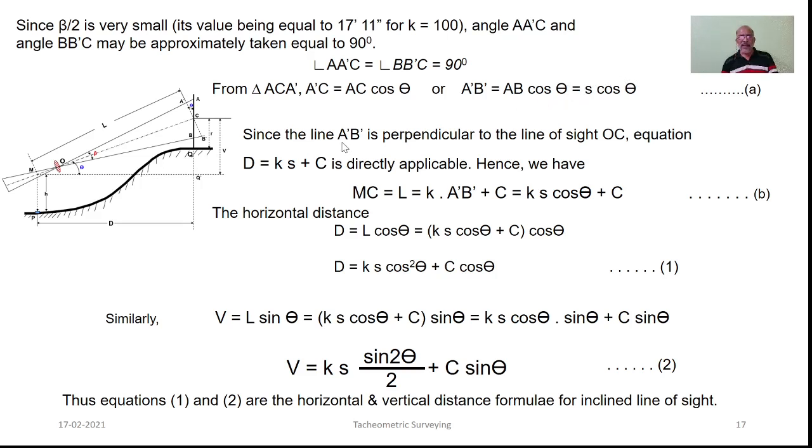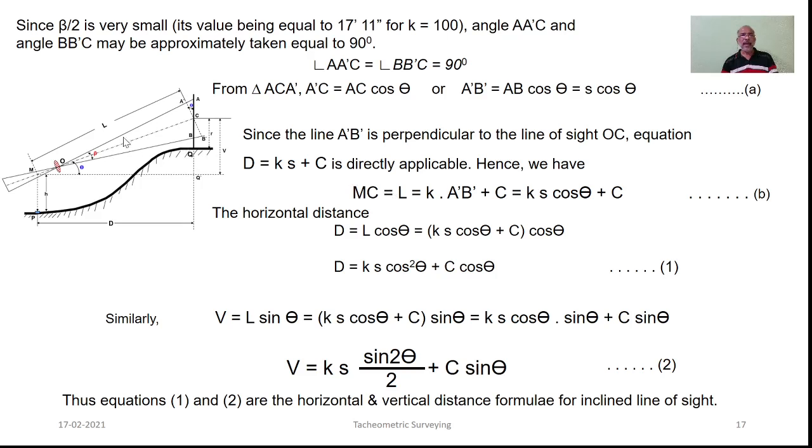As the line A dash B dash is perpendicular to the line of sight OC, we can make use of the expression that we deduced for horizontal line of sight, which is the basic expression D is equal to Ks plus C.